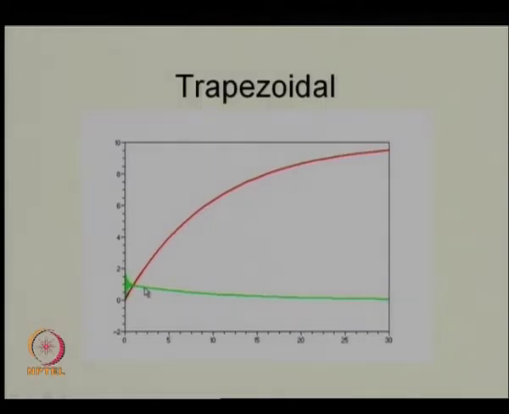Trapezoidal rule works well with this, because when we make the time step very small for the first few seconds, it captures the fast transient correctly and also the slow transient. So, that is the basic deal whenever you are using a variable time step method. These are the things you have to keep in mind.